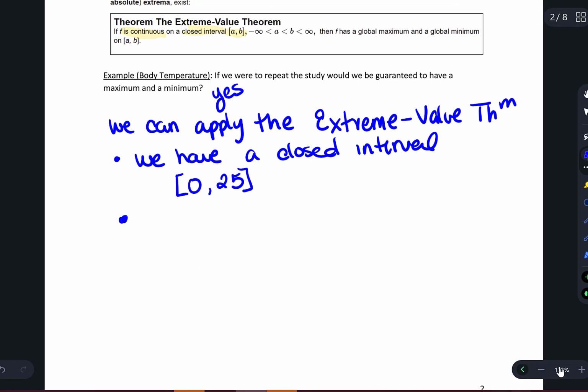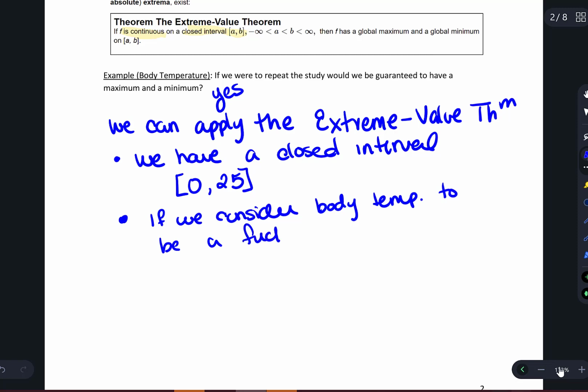And then the other one is if we consider body temperature to be a function of time, we could define it so it is continuous.